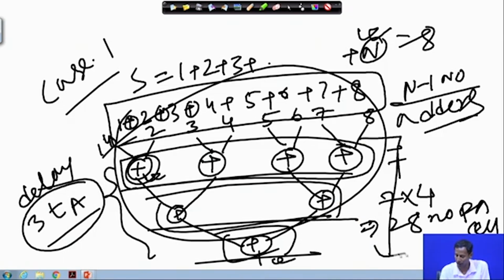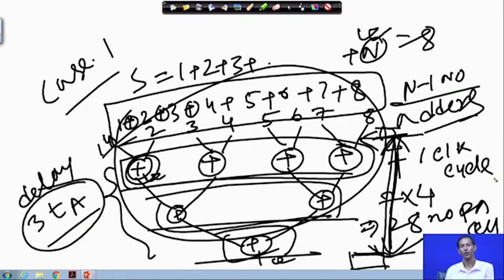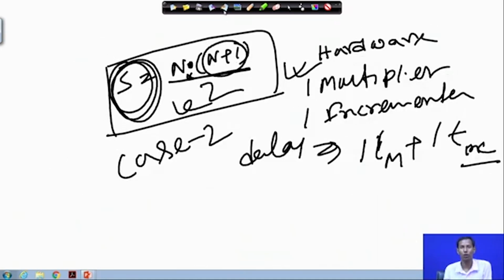If we put a register at this level and a register at the output level, this is the critical path, which is nothing but the added delay of 3t, and I can compute from this path to this within 1 clock cycle. Okay. So the next thing, here also I can implement this particular function.